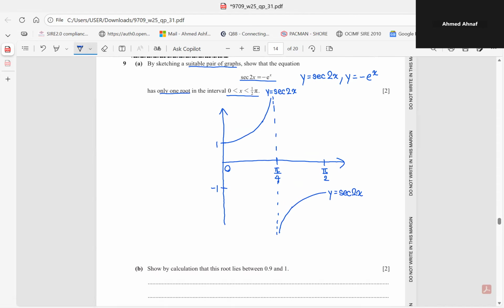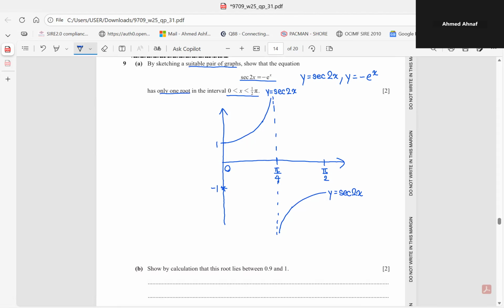And now we're going to sketch y equals negative e to the power of x. Similarly to y equals secant x, we're also going to substitute values of x into y equals negative e to the power of x. I'm substituting x equals 0 because I don't memorize the shapes of the graphs. So we get -1 for negative e to the power of x.